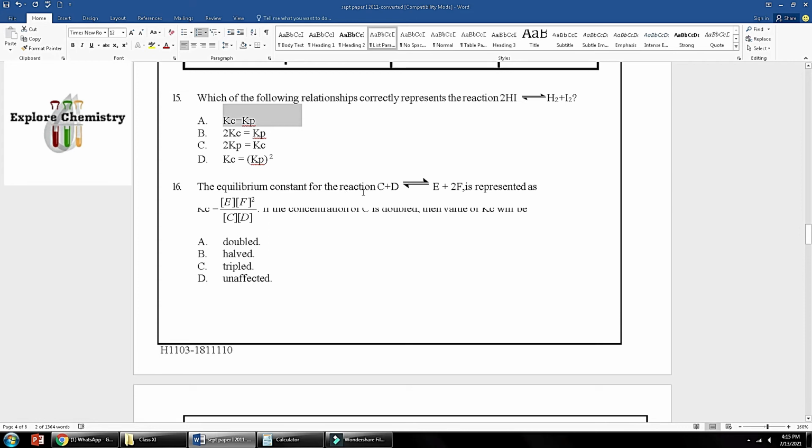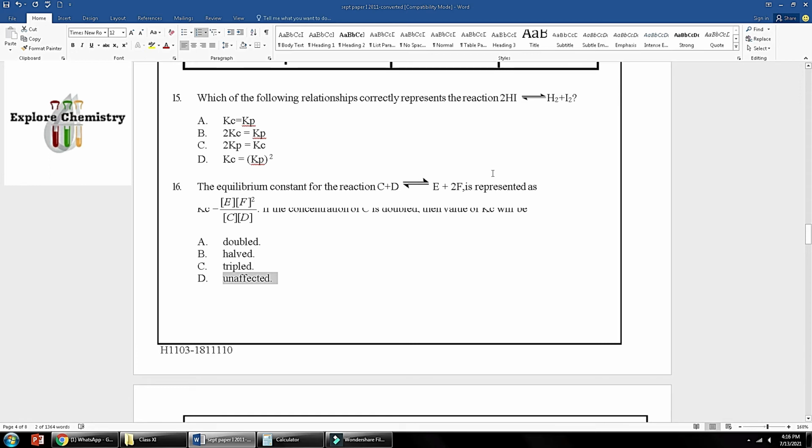The equilibrium constant for the reaction is represented as... if the concentration of carbon is doubled, then value of Kc will be... Kc value is unaffected by concentration, so it will remain unaffected, because if you double the concentration of reactant, this reaction will start moving in forward direction.